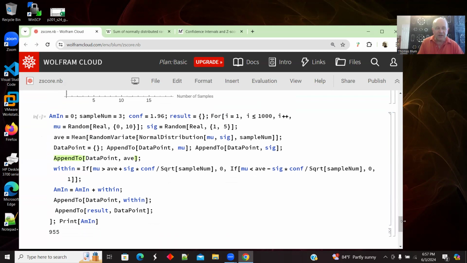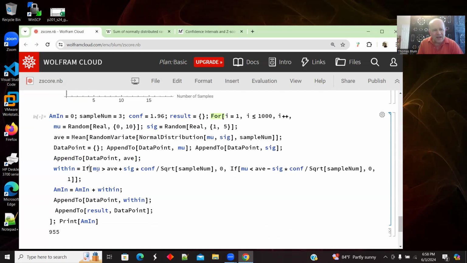Okay, and then the question is, how does the average of the 3 samples compare to the average that we know going in from the distribution? And so I'm using Mathematica's If.